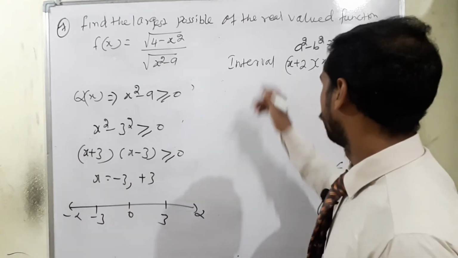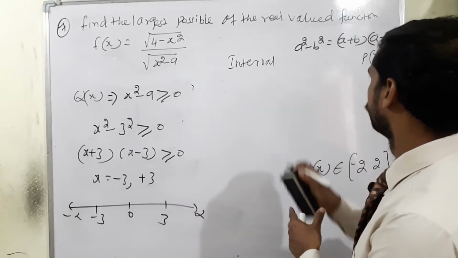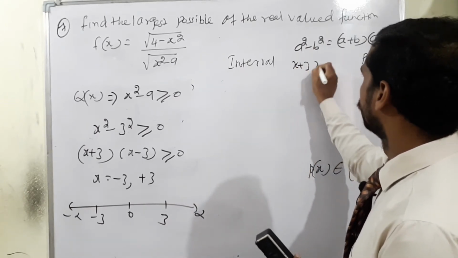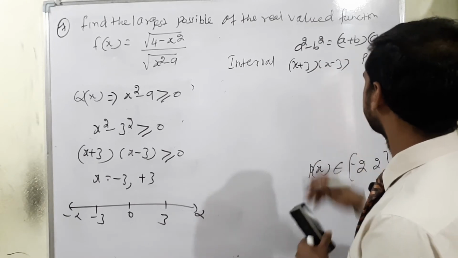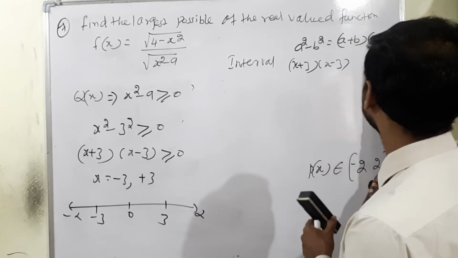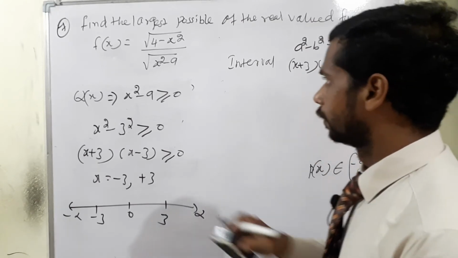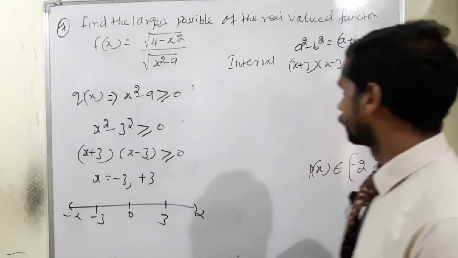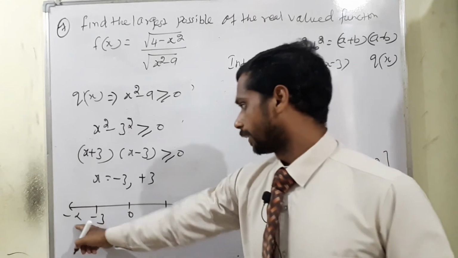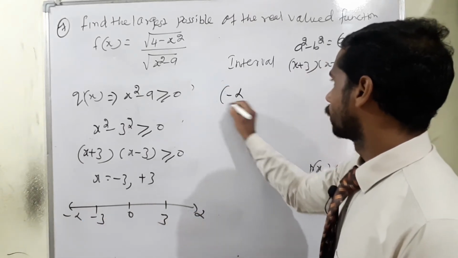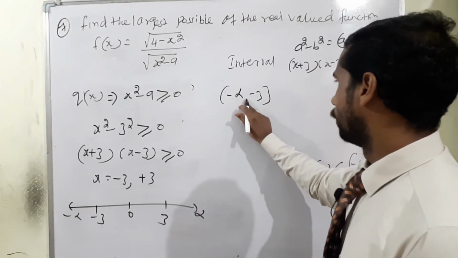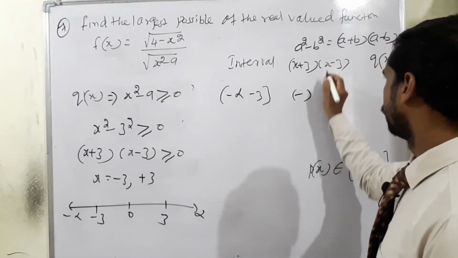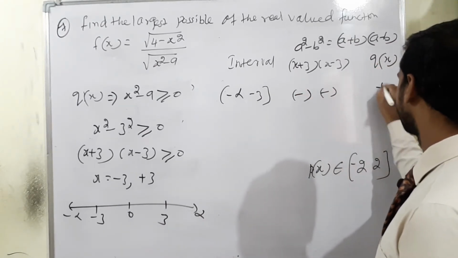So now the interval: (x plus 3) into (x minus 3). This is also q of x, isn't it? First interval, minus infinity to minus 3. In between, minus 4: minus sign, again minus; minus into minus is plus.